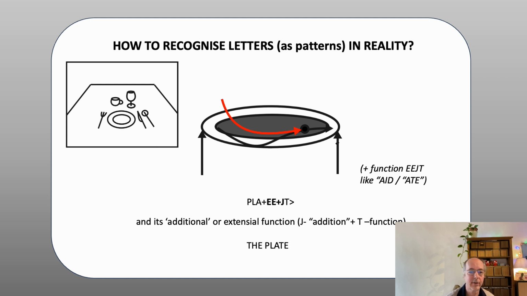The function with the E, the word exists as AID, but also as ATE. These are some of the functions that it will indeed have as a plate, but this is just a function at this point, with an extension to somewhere else.